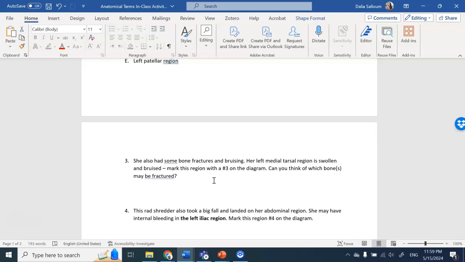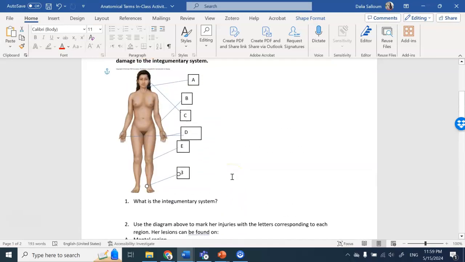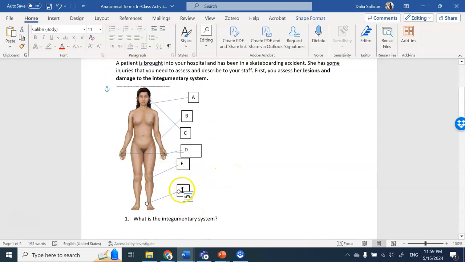Then it says, this rad shredder also took a big fall and landed on her abdominal region. She may have internal bleeding in the left iliac region. Mark this number 4. Left iliac, let's copy my number 3.